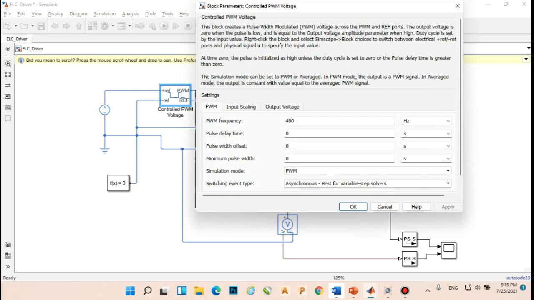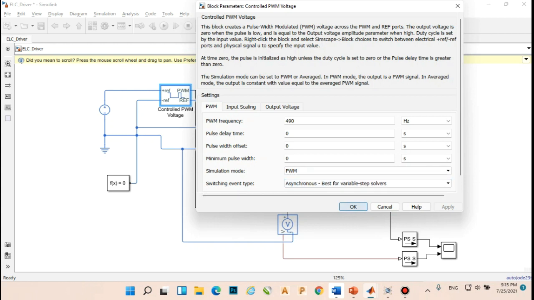Inside the PWM control voltage, we should set up the PWM frequency. Normally microcontrollers and Arduino have a 490 Hz frequency. For the PWM signal, we can change to another frequency inside the microcontroller, or you can use this frequency.